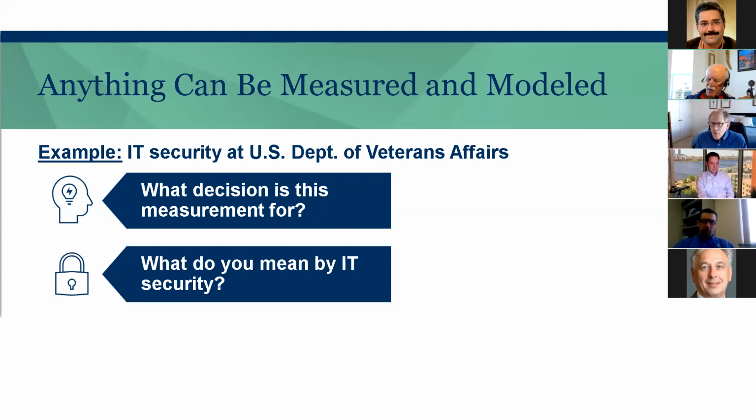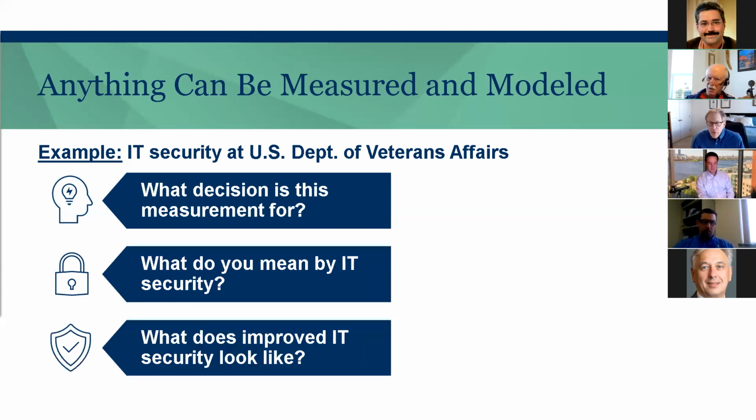The next question was, what do you mean by IT security? So this forces you to really articulate, what are we talking about here? What would it look like if it were improved? And then the third question is a follow up on that. What does improved IT security look like?